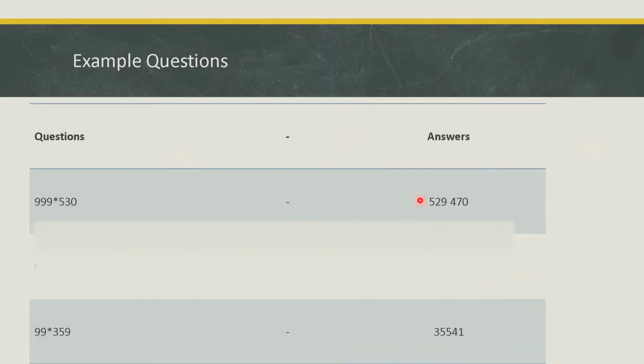Now I will explain the first part, 999 into 530. In this, how did we do? The first part is we subtract 1 from 530, which is 529, and we get the second part, 1000 minus 530. 1000 minus 530 is 470, which you can do in your notebook using Vedic method 1.